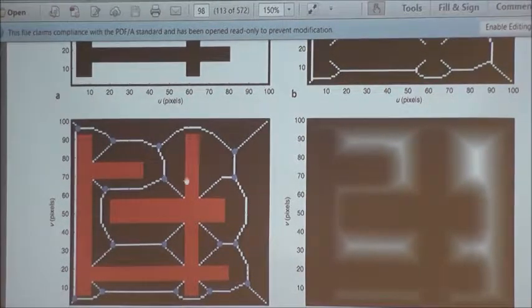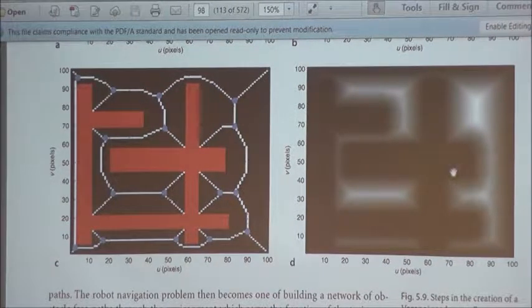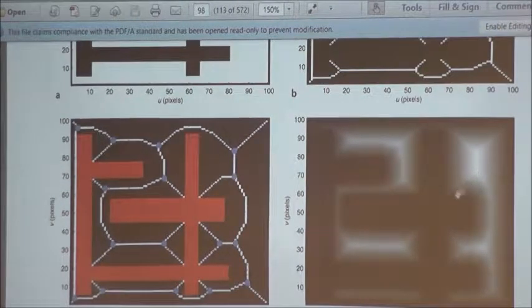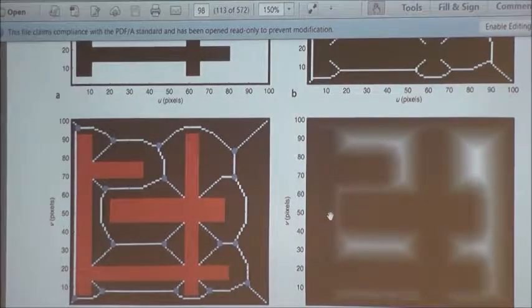And then you will have a cost associated with moving from zone to zone to zone. And this is how those costs are going to be. The dark ones are the obstacles, and the whitest ones are the best way you can move around. But we get to that later.